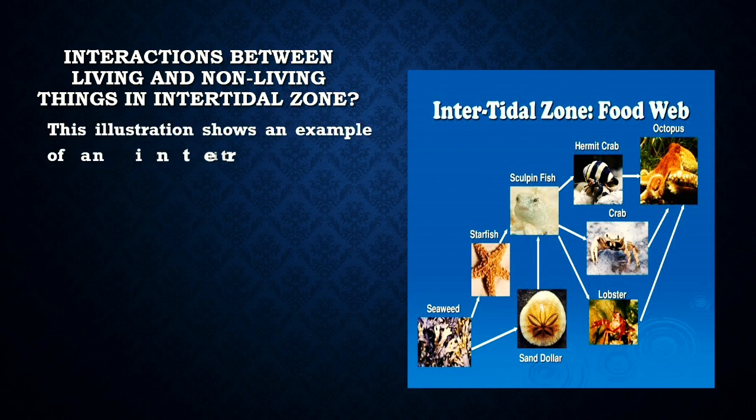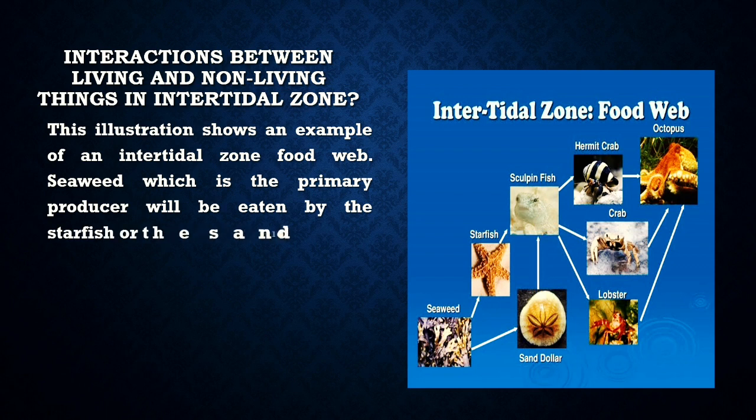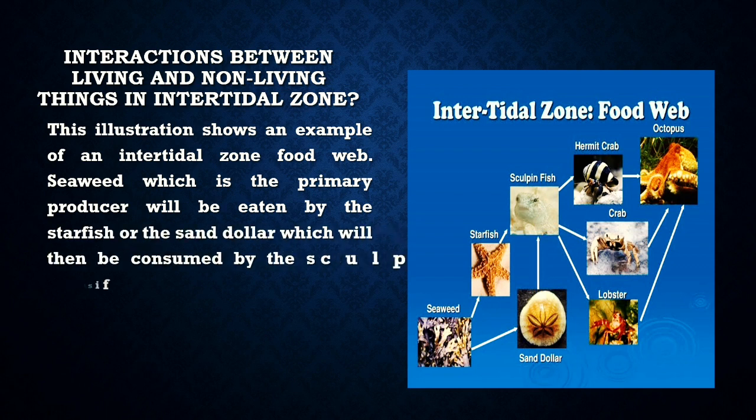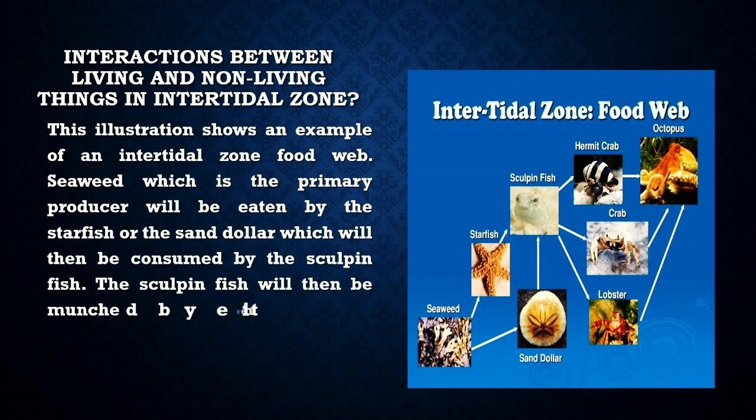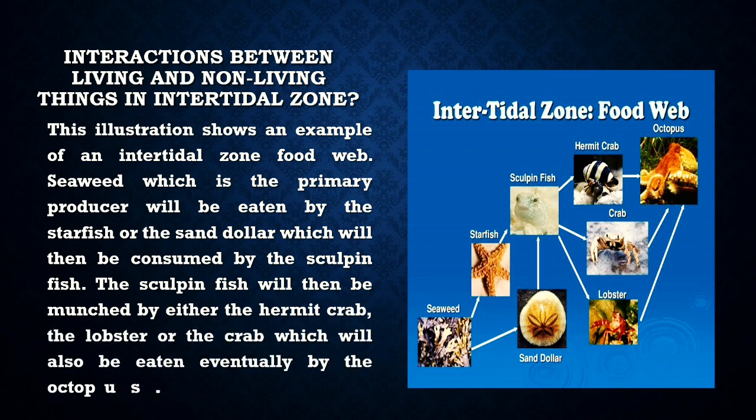Let's focus our attention on the illustration about the intertidal zone food web. This illustration also shows the interaction between living and non-living things in the intertidal zone. It is an example of an intertidal zone food web.